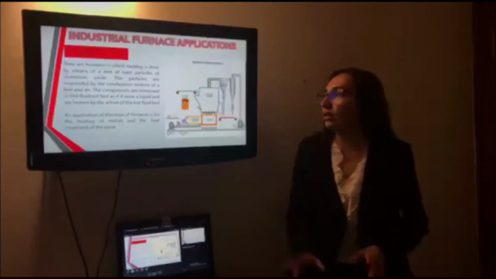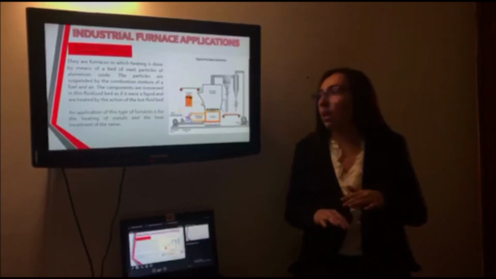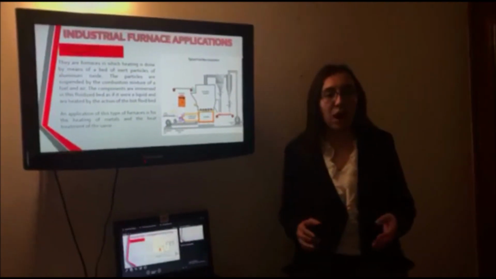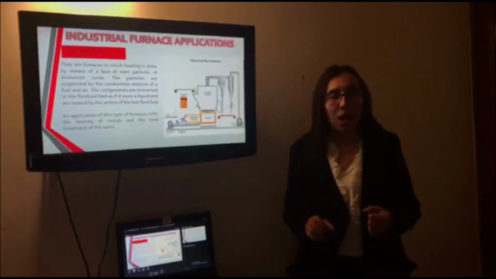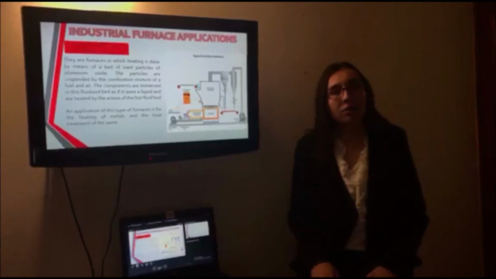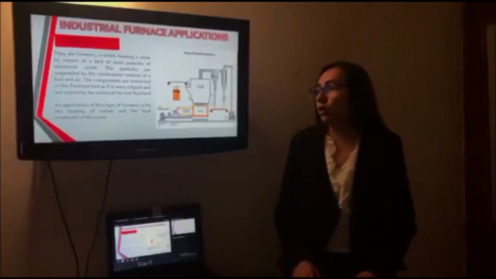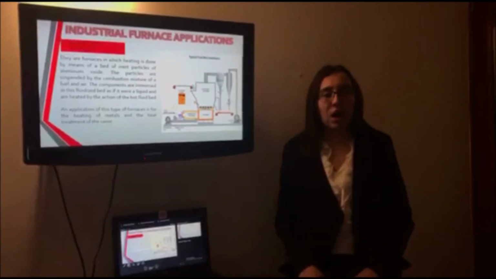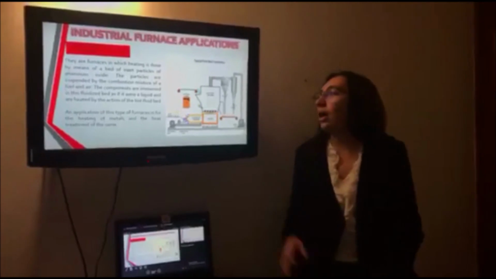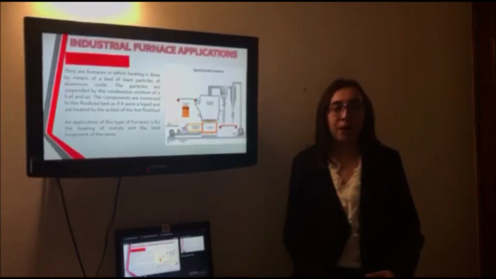The components are mixed in this fluid bed as if it were a liquid and are heated by the action of the hot fluid bed. An application of this type of furnace is for the heating of metals and the heat treatment of the same. In this picture, you can see the fluid bed furnace.